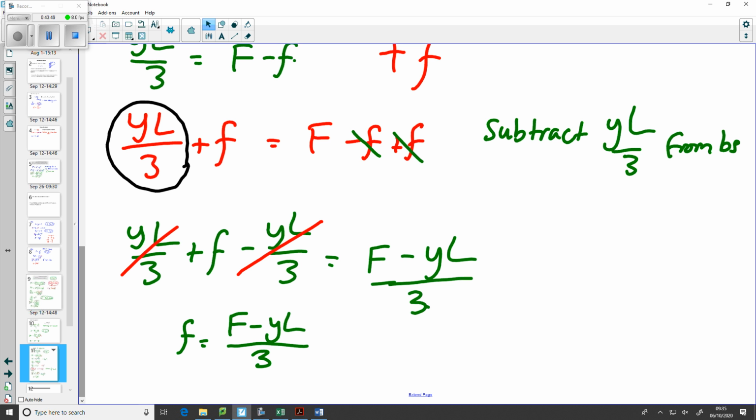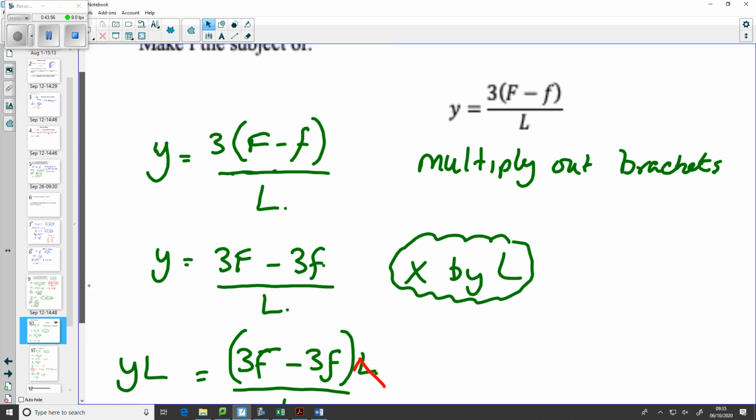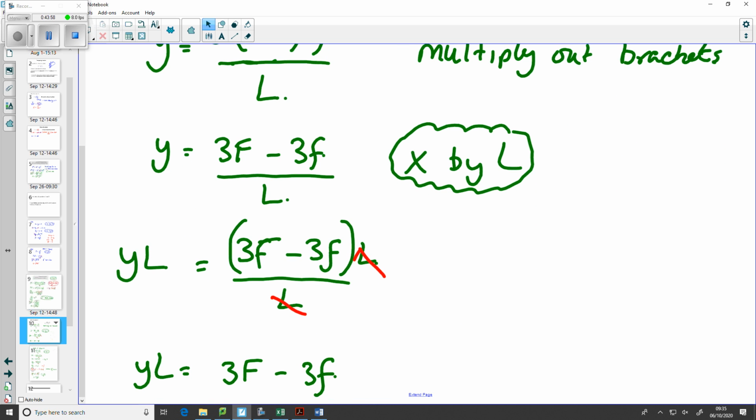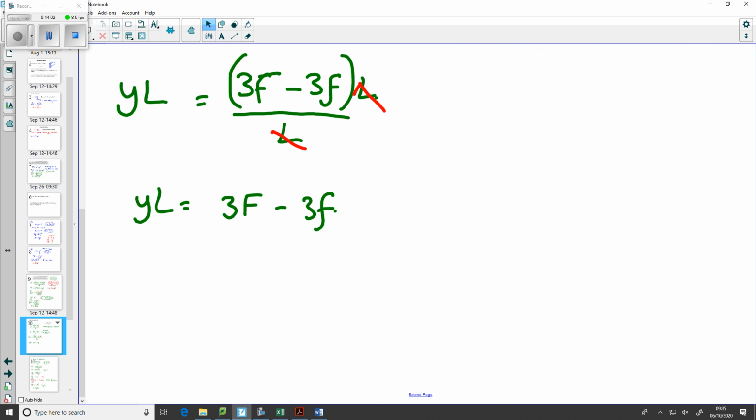Okay. Going back to where we were with this. What we could do is, we want 3f on its own.